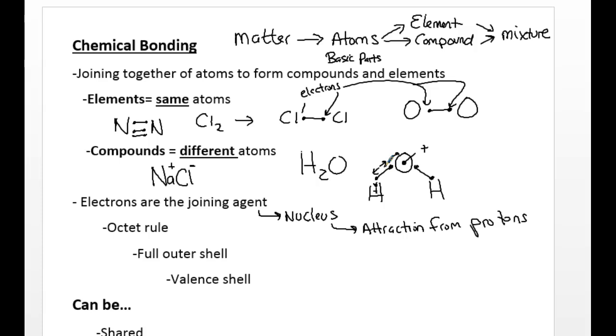But the electrons are the joining agent, and they follow something called the octet rule, and that is the full outer shell. And you see that down here, full outer shell, and however many they're missing in their outer shell, they try to make sure that they're added or subtracted.